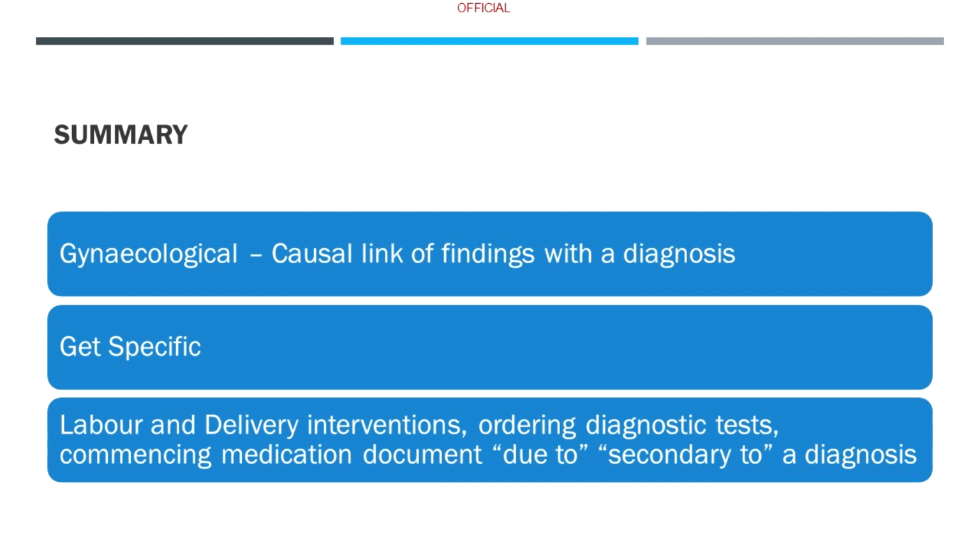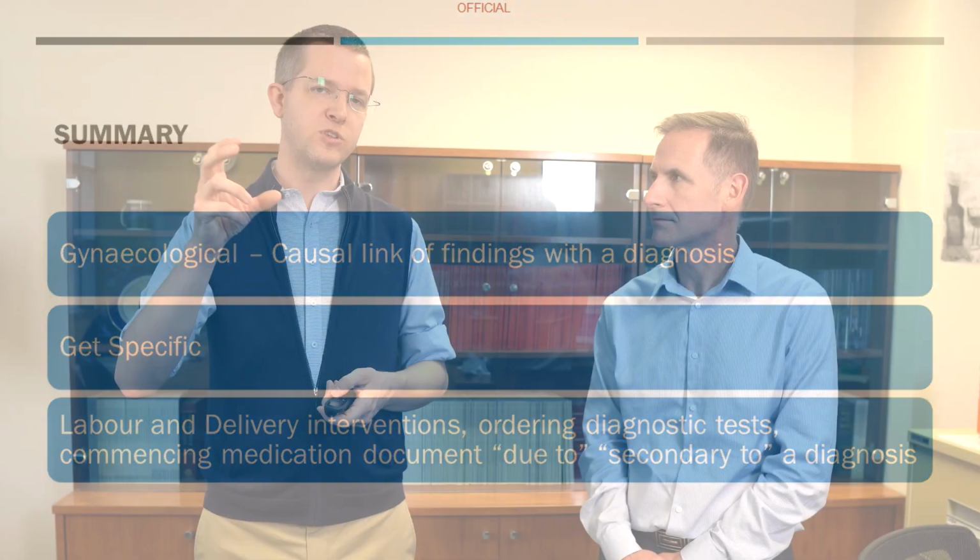So in summary, we've gone over a lot of gynecological conditions, and we've specified putting a causal link of why you did that particular intervention or investigation, and documenting the findings, being able to express a degree of diagnostic uncertainty through terms like probable or suspected or likely. We try and get as specific as we can to make sure that there's that clinical data, that diagnostic statement or terminology, and a plan that will then make an accurate code.